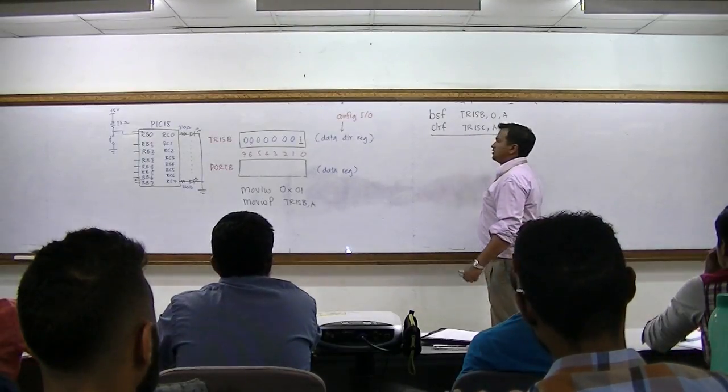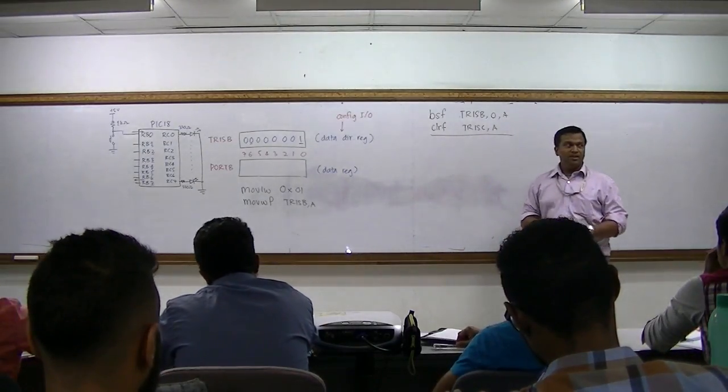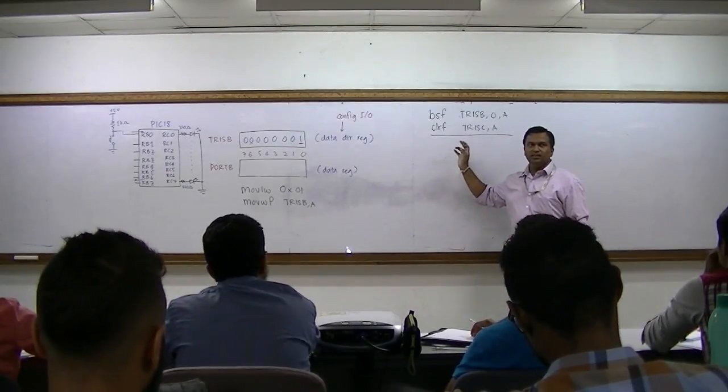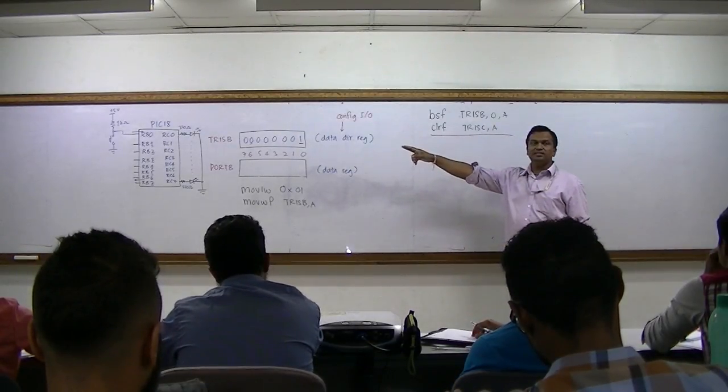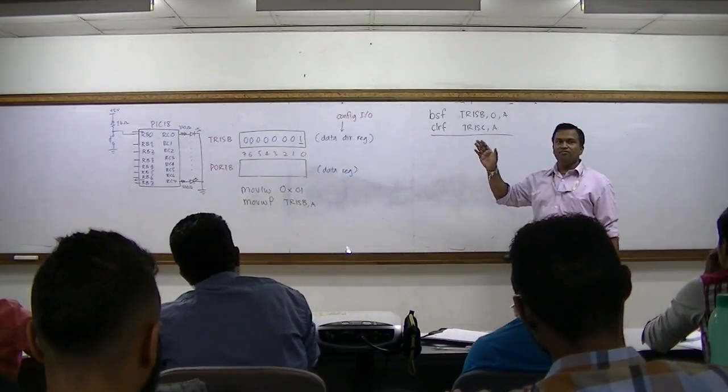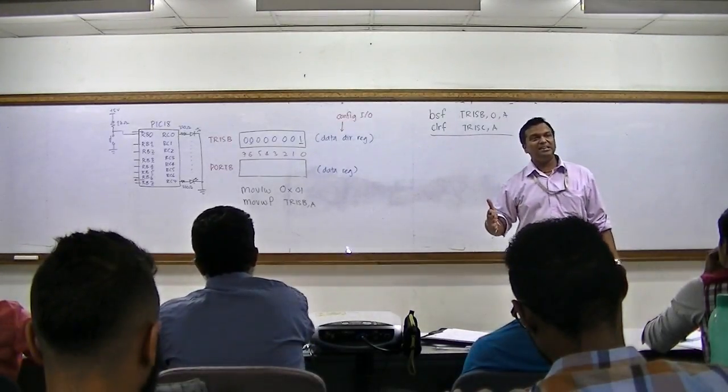So this is the configuration part. When you clear F3C, all the bits inside 3C become 0, which indicates every single bit in port C is output.